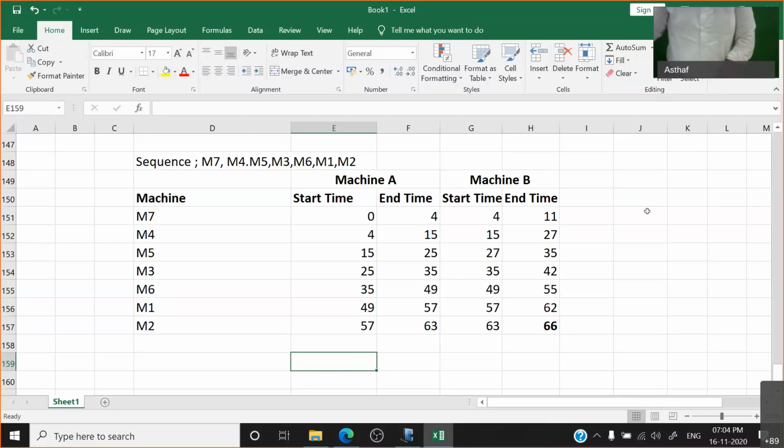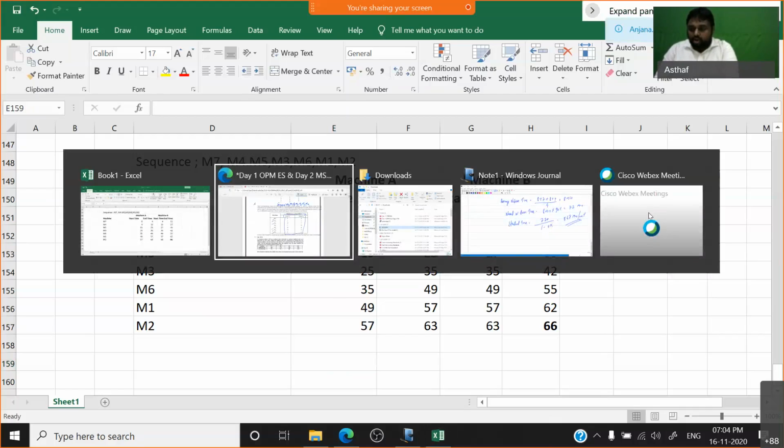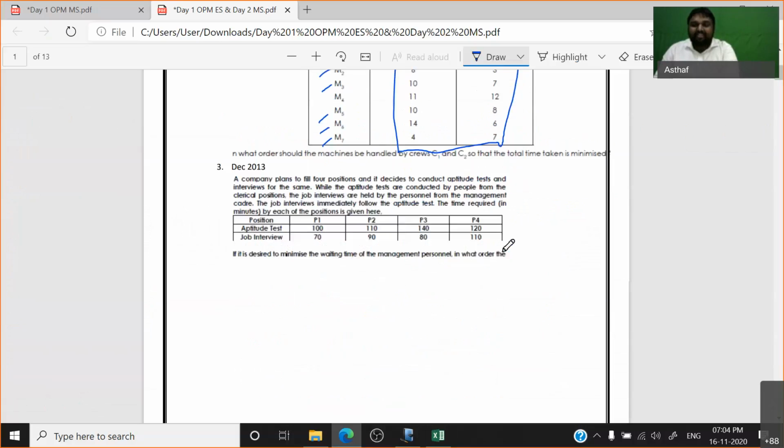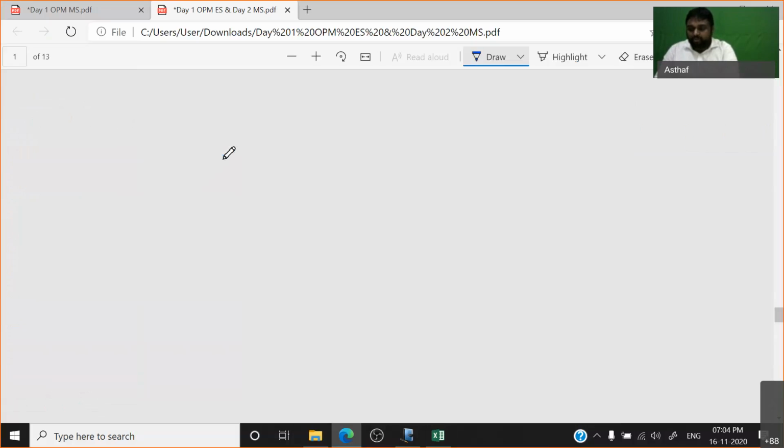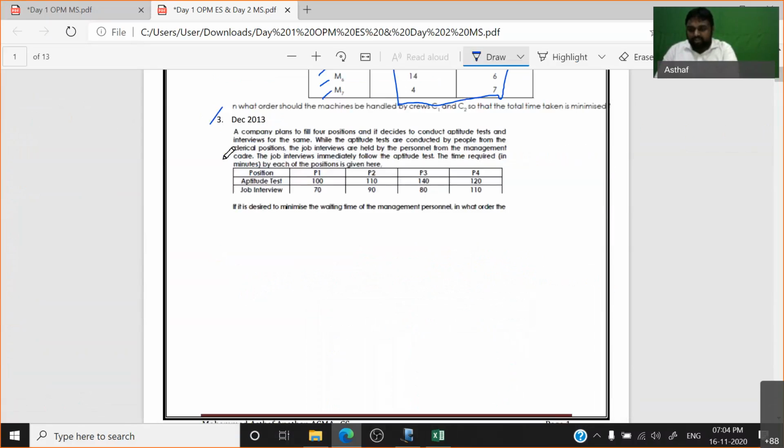Copy fast. Question number 3. Try to read yourself and solve yourself one of the previous year question. Just try yourself. Question number 3.